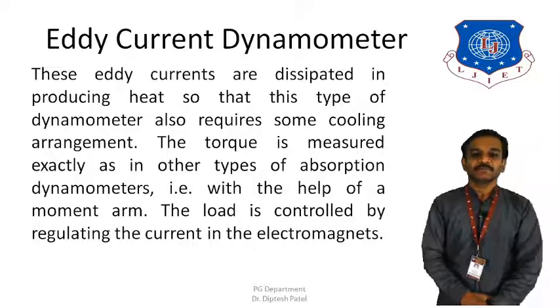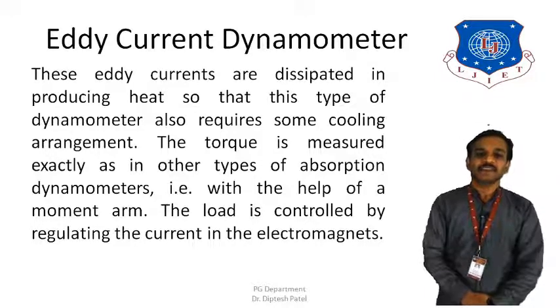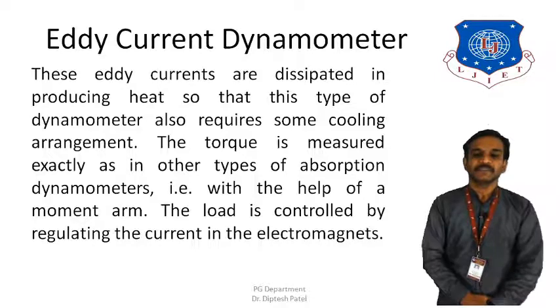Here the torque is measured with the help of a gauge that is normally provided with the eddy current dynamometer, and the working principle is pretty much the same as the others that we have seen in the previous session, where we went through the various absorption dynamometers.